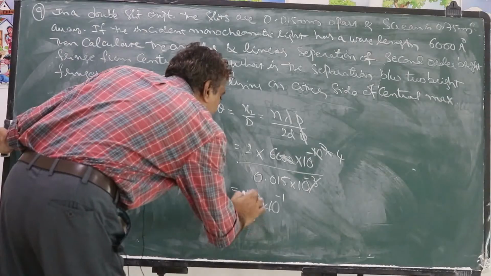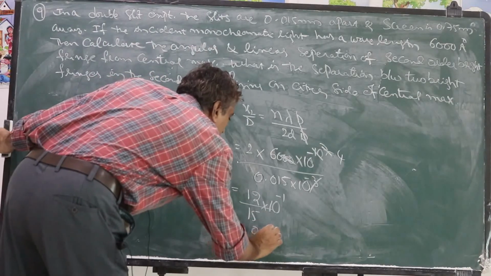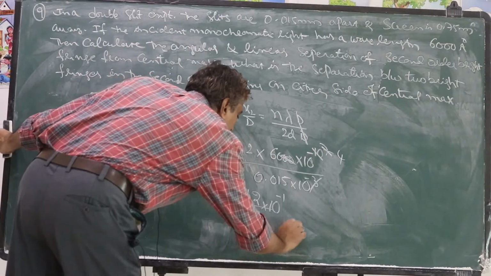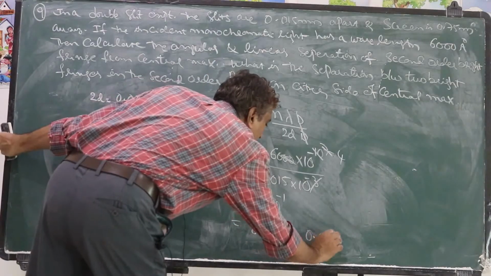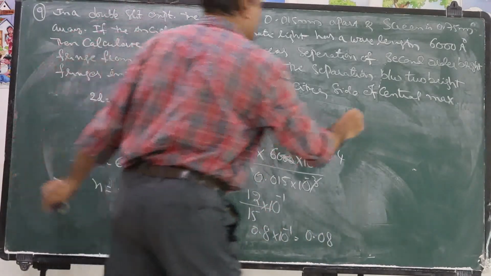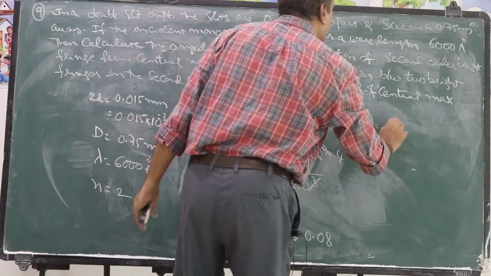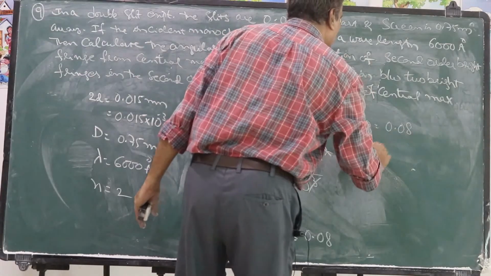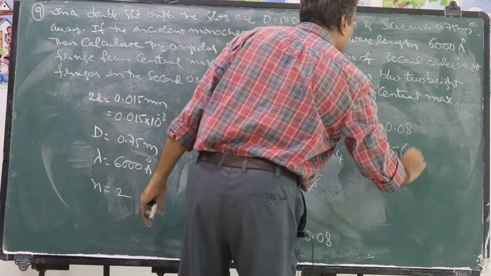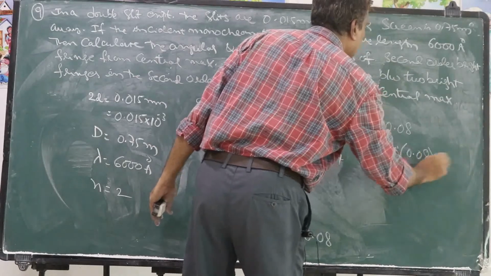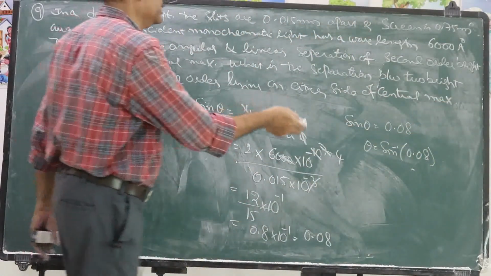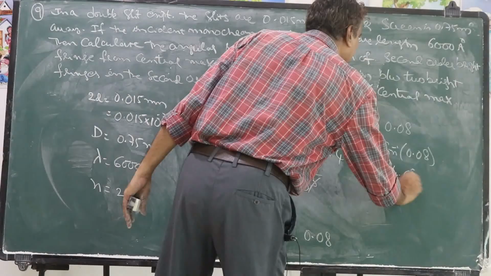That is 0.8 into 10 power minus 1, that is 0.08. So sin theta is 0.08. So theta is sin inverse 0.08. So it is approximately 4.6 degree.